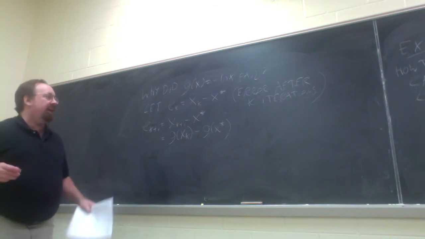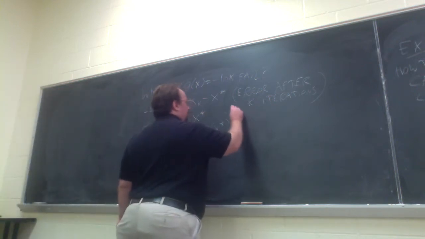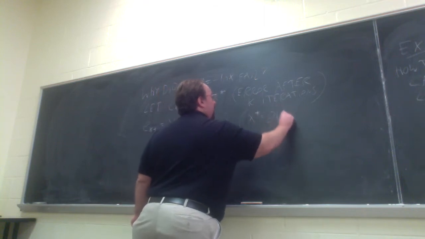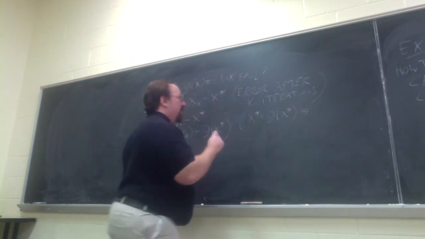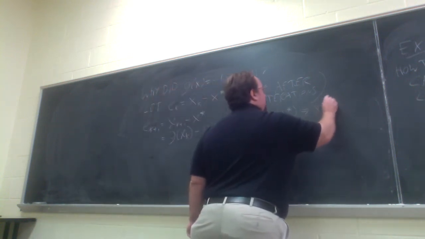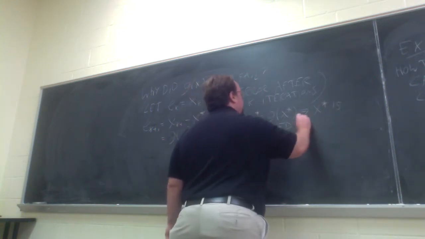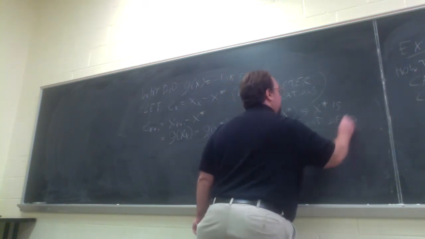I should mention some terminology here. x star is g of x star, and what we say is, it's not just a solution of this equation. We say that x star is a fixed point of g.